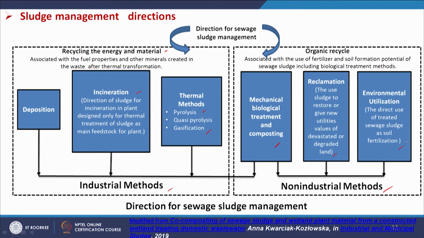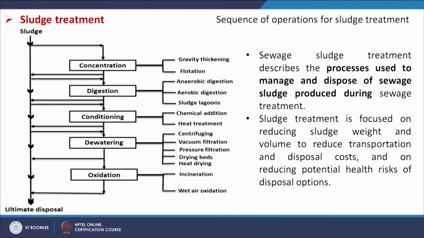So, these are the different routes which we can follow, which are associated with the use of fertilizer and soil formation potential of sewage sludge, including biological treatment methods. We will be discussing all these methods in detail, that is gasification, pyrolysis and incineration, with solid waste management. The same process will be applicable for sludge management as well, and we will also have some discussion on composting and biological treatment, anaerobic digestion.